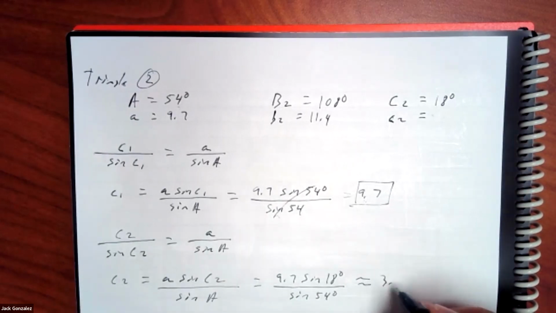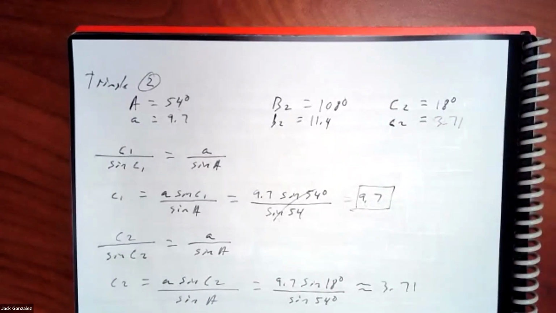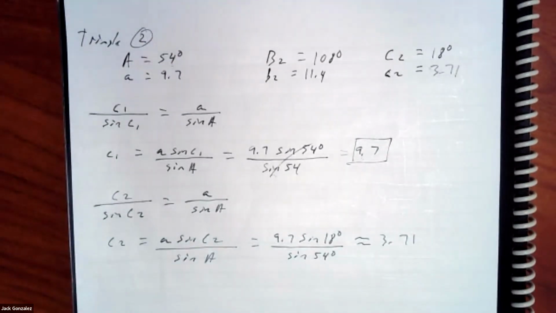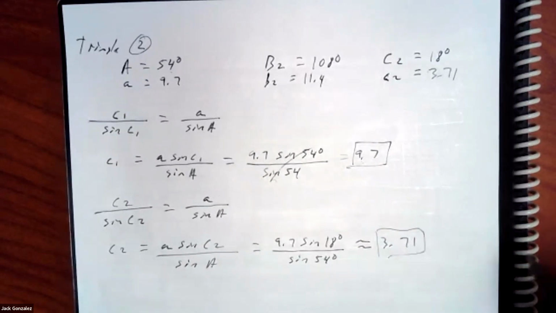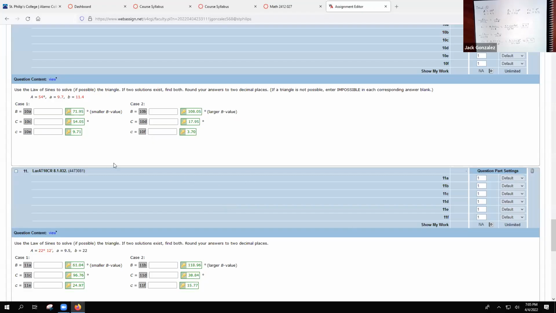So that's 3.71. Yeah, that's it. Those are two triangles. 3.71, that's right. Right here. 3.7 was the other one, etc.